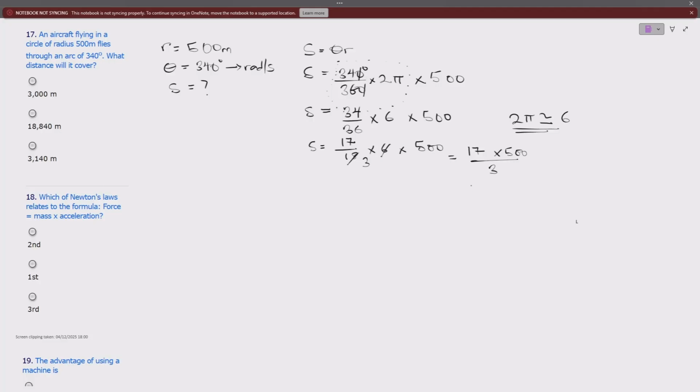Alright, so this is where it gets very tricky. We are going to assume that the 17 is 18. So 3 goes here, 6. So you're going to get 6 times 500. That's going to give you 3,000 meters. So you go for that answer.